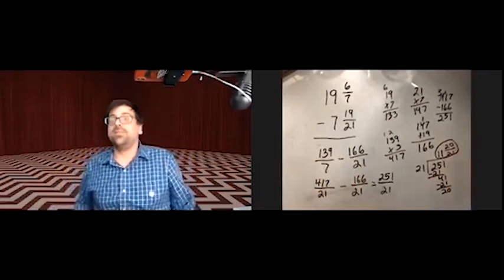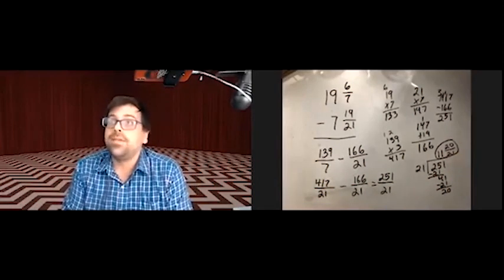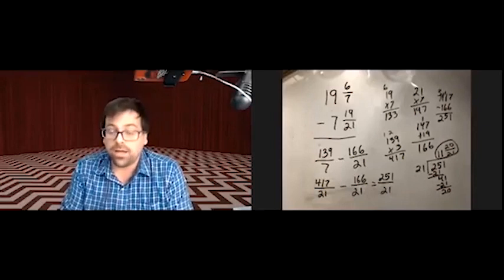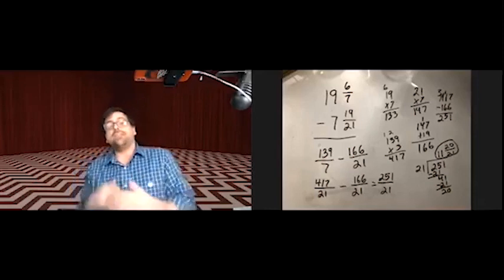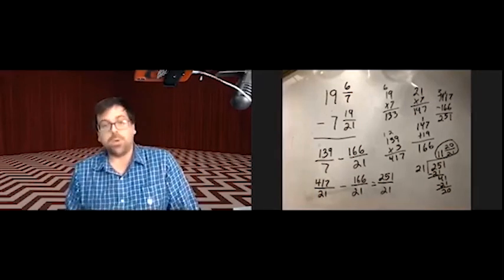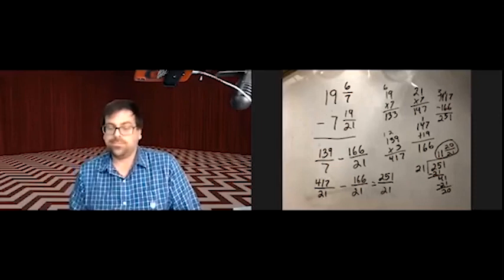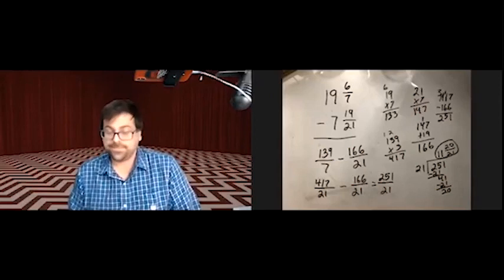Correct answer. A lot of work to get there. But if you're okay with that lot of work to get there, improper fractions, and then back to mixed number at the end will always get you the correct answer. No borrowing, no carrying, no tricks.